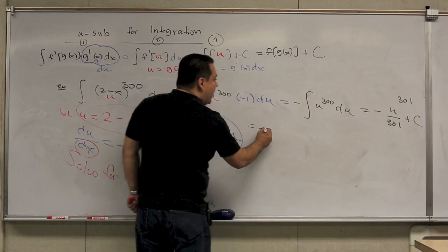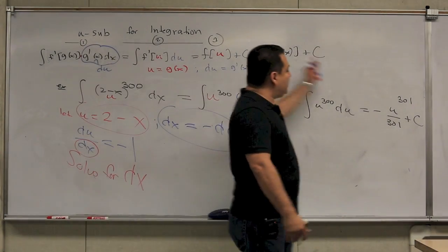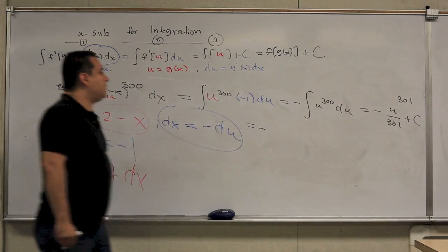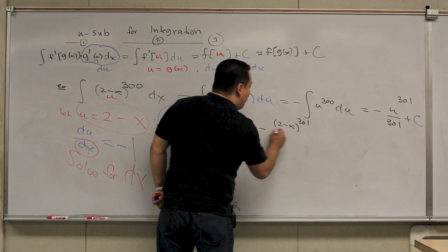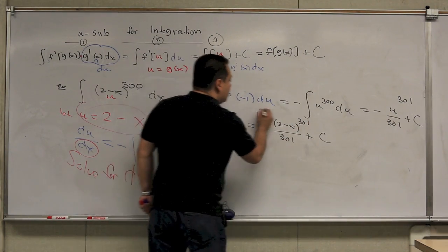And then this gives you negative. What is u? We integrated, but the function was x. But what is u again? 2 minus x. So this is negative 2 minus x to the 301st power over 301 plus my what? Plus my c.